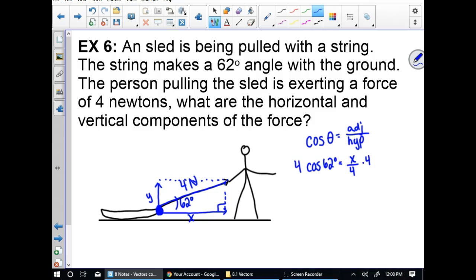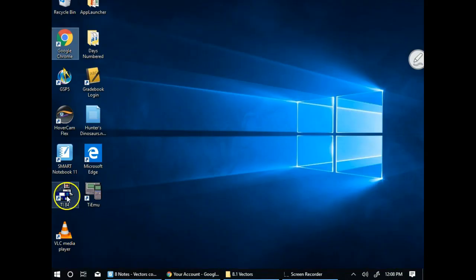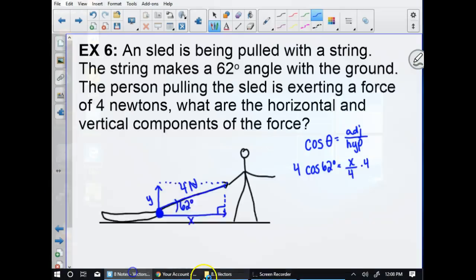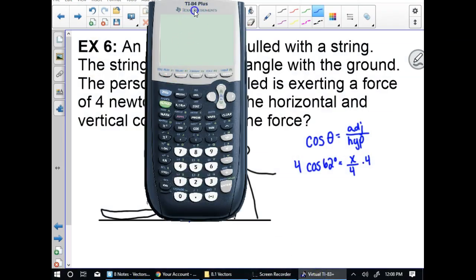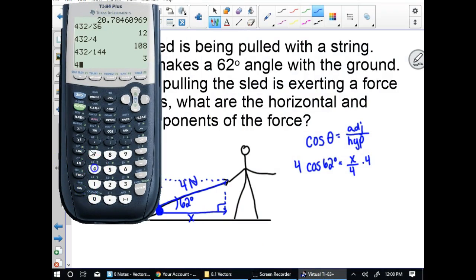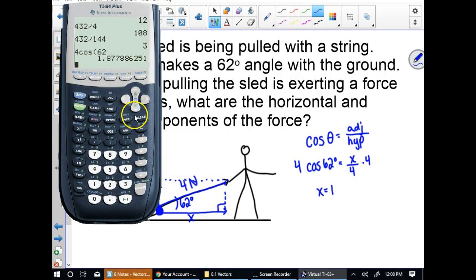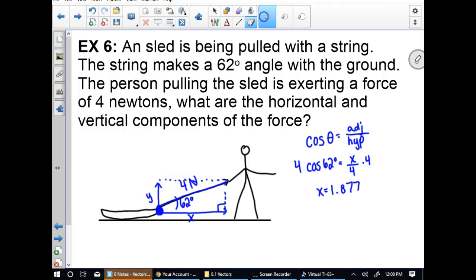So 4 cosine 62 is going to give us that X equals, I bet this is in radian mode. No, in degree. 1.878.